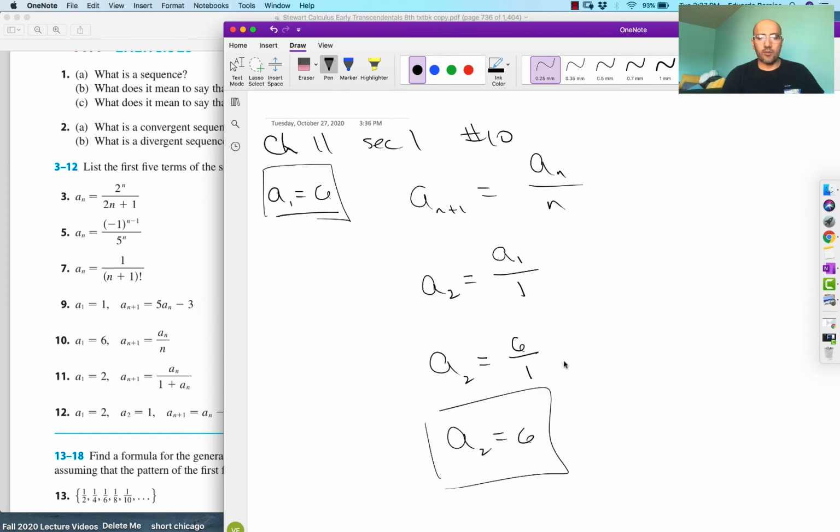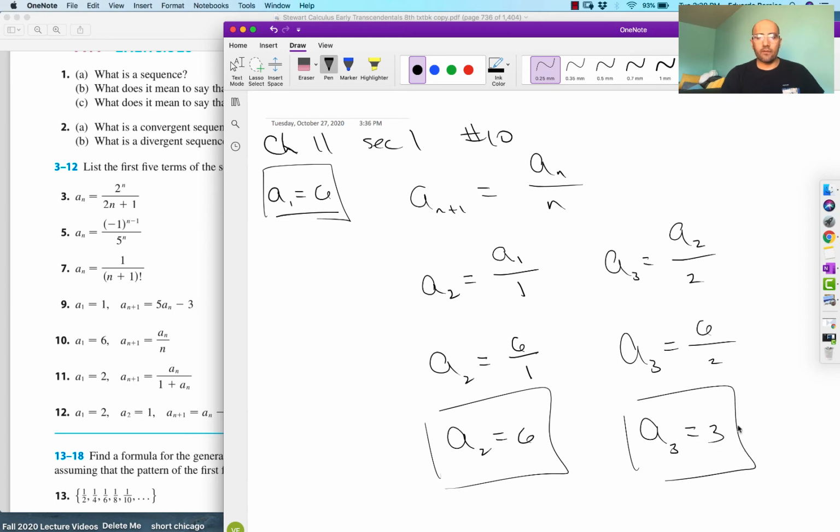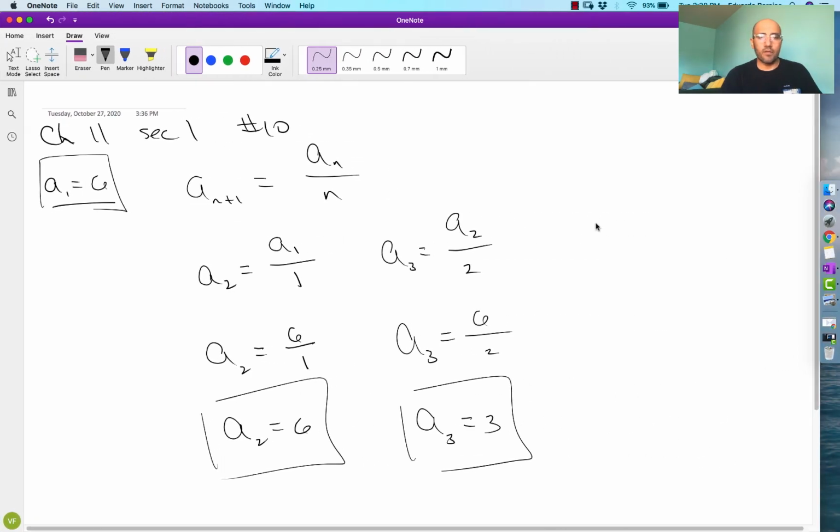All right, the next one on my list, a sub 3, is equal to a sub 2 divided by 2, which means that a sub 3 will be 6 divided by 2. A sub 3 will be equal to 3. To get the next one on my list, you start to see the pattern.